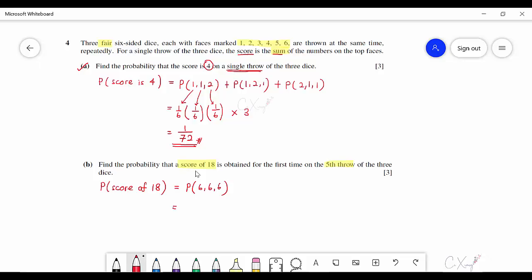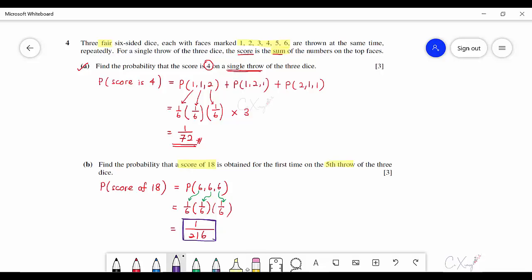So if you calculate the probability, it will be 1 over 6 for the first dice, 1 over 6 for the second dice, and also 1 over 6 for the third dice. And after that, you should get the value which is 1 over 216. Please take note that this is the probability that you get the sum of 18 on one single throw.